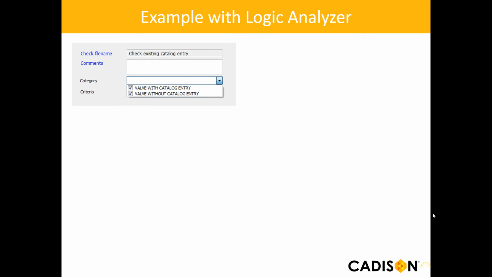To choose the category, either show all items or only those which do not have any catalog entry attached. Deselect the checkbox in the desired area. Because we are logged in as the project manager, we are able to add a catalog entry here.